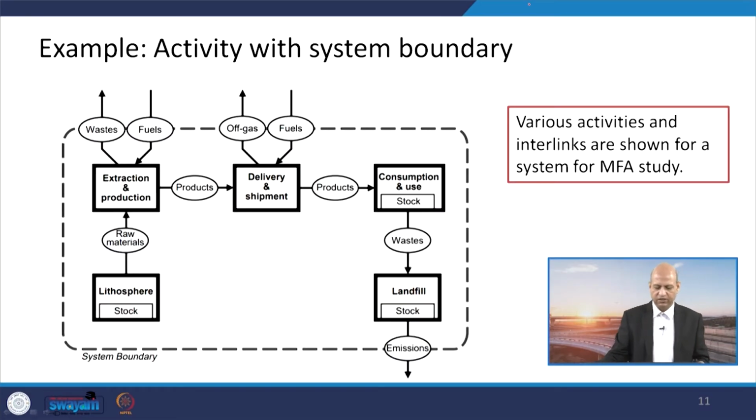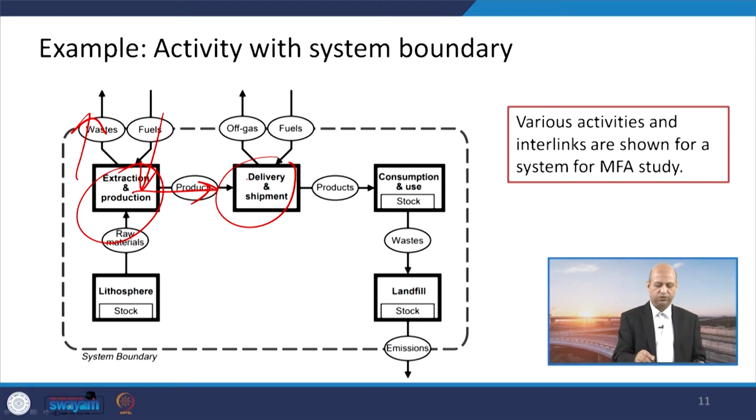So, this is one system boundary you can see where raw materials are there, then extraction or production. Waste will be generated and fuel will be used for extraction or for using some product. So, the product will go, it will be delivered and shipping will be there.